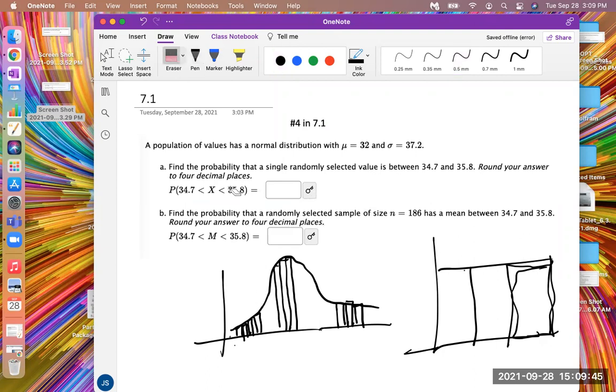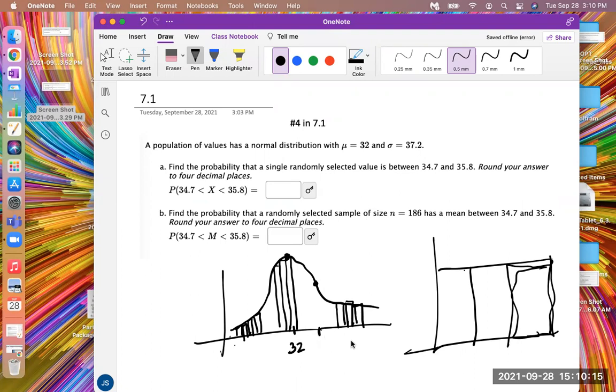We're interested in the area, and just so you know, the mean of that distribution is right in the middle. The peak of that hill is going to happen at 32, and one standard deviation is 37.2. That means the inflection point, right where it goes down, is 37.2 spaces ahead of that.